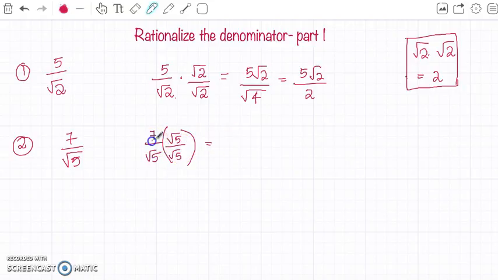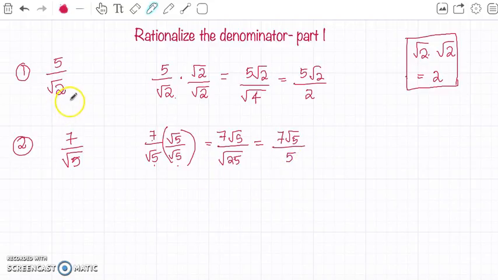And you get 7 times radical 5 is 7 radical 5, and radical 5 times radical 5, you get square root of 25, which is nothing but 7 radical 5 over square root of 25, which is the whole number 5.